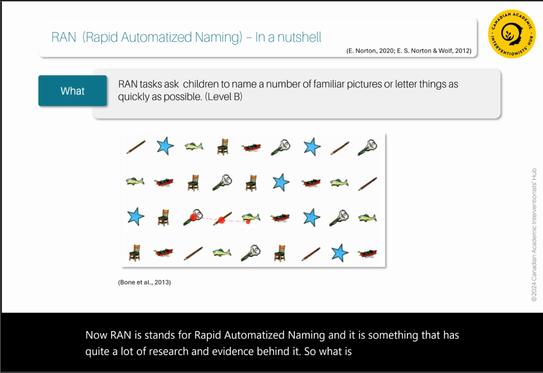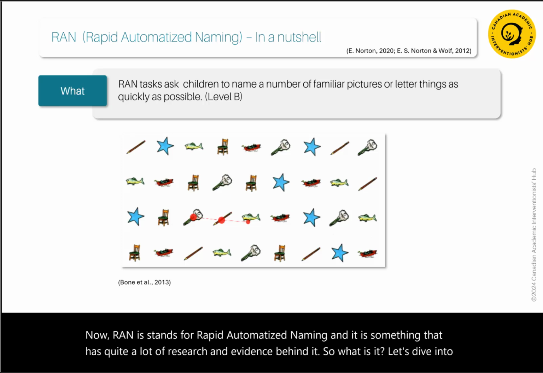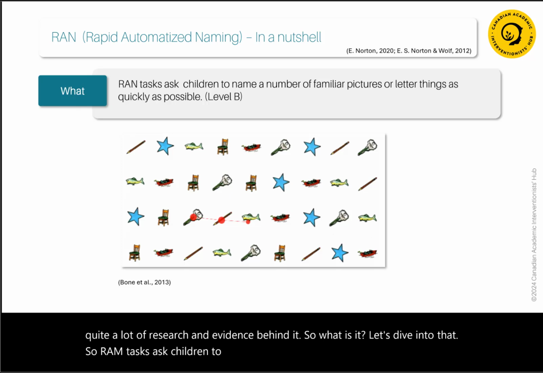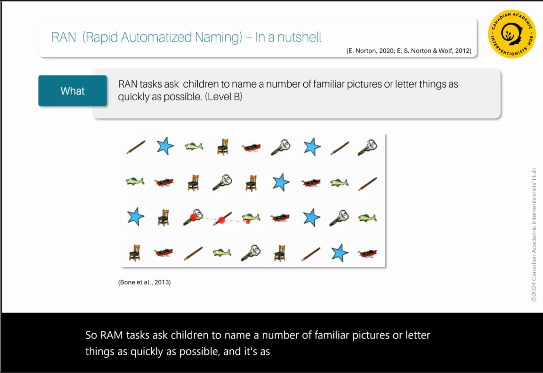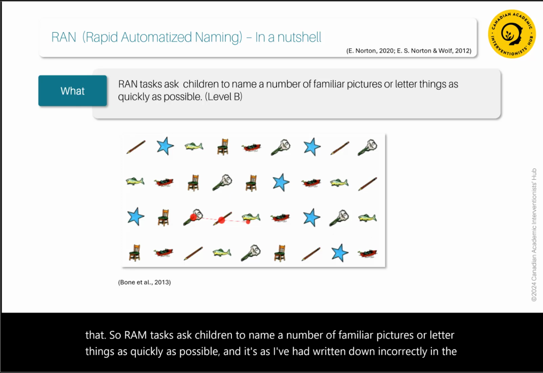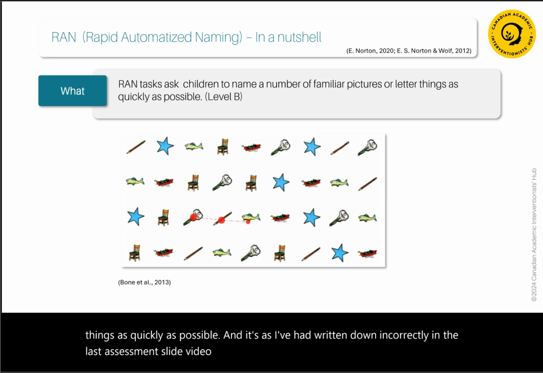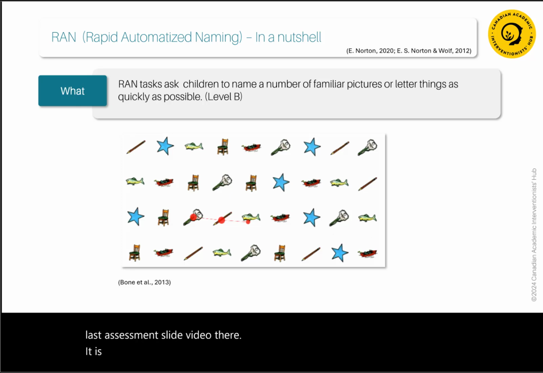Let's dive into that. RAN tasks ask children to name a number of familiar pictures or letters as quickly as possible. And as I had written down incorrectly in the last assessment slide video, the RAN test that I was mentioning there is actually level B.